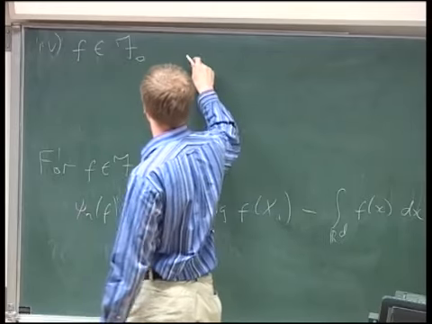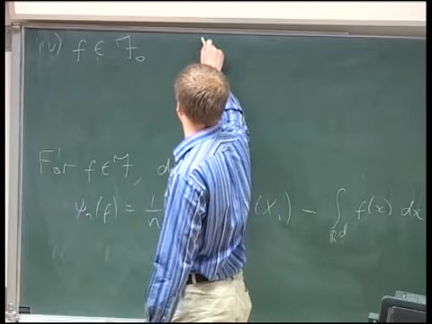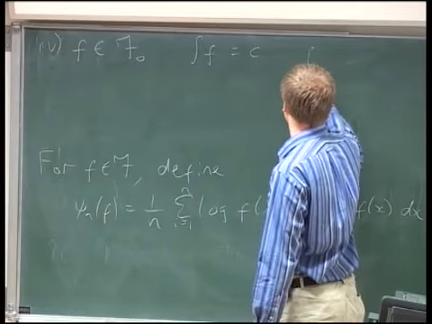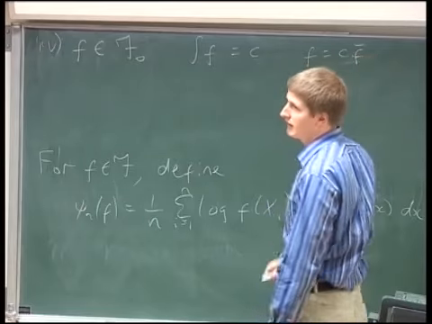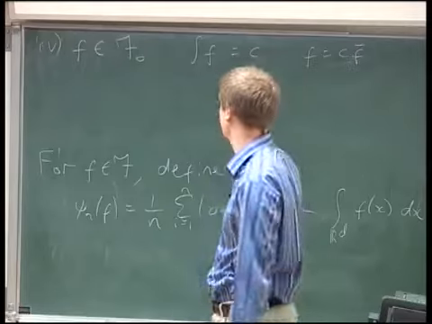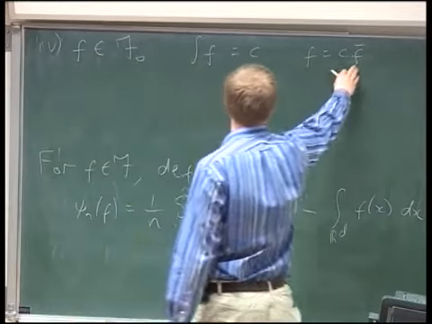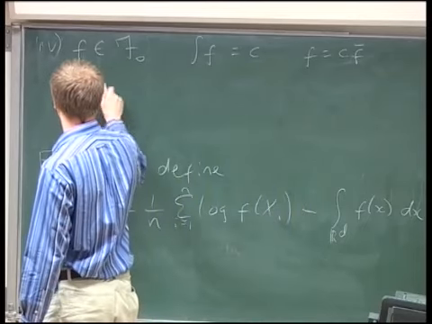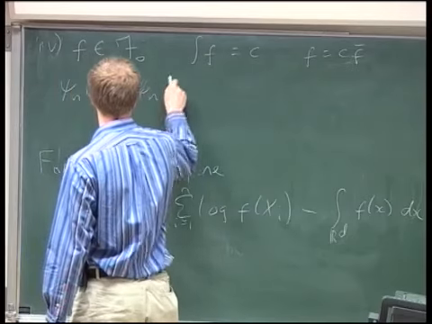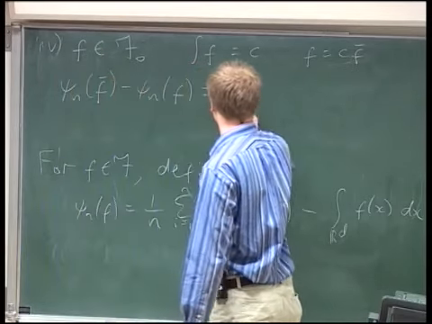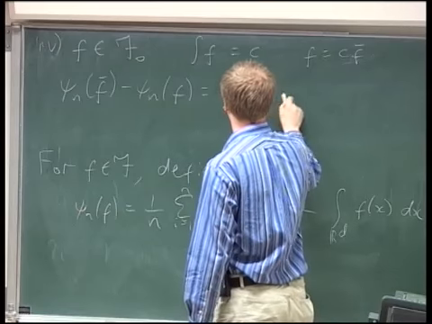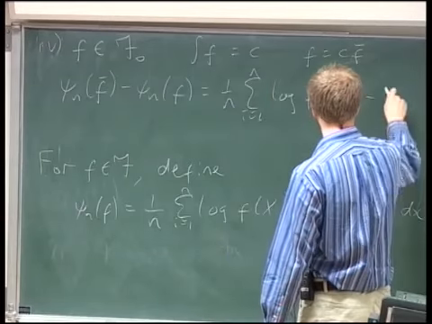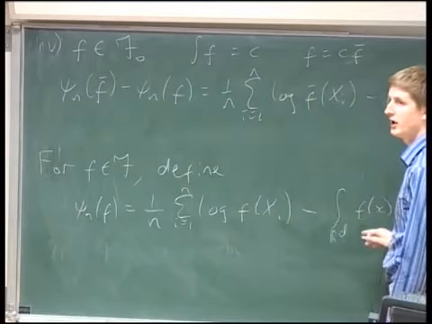If it weren't, then let's just suppose that the integral of f were equal to c. So I could write f is c times f bar, where f bar had integral 1. And then I claim I'd do better by using f bar than f, because if I look at psi n of f bar minus psi n of f, I get 1 over n times the sum of the log of f bar of xi, and then minus 1 for the integral of f bar.